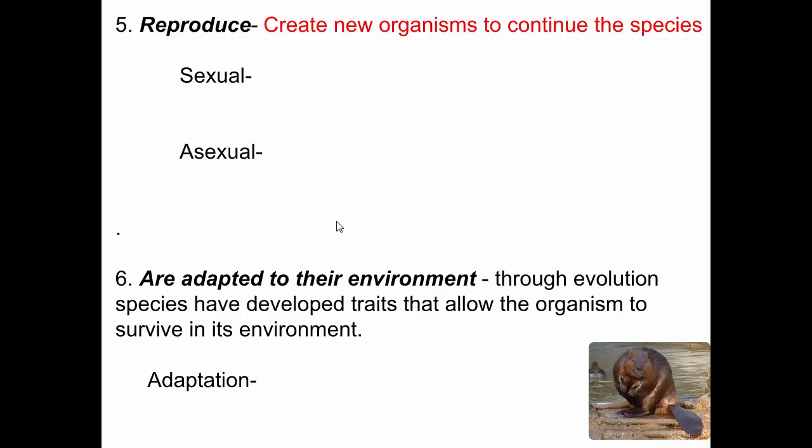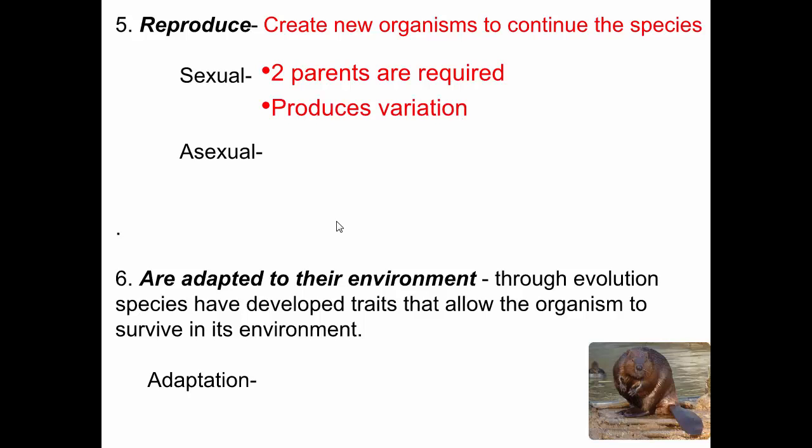So in sexual reproduction, we have two parent organisms which combine their genetic material in some way to produce the offspring. And that results in offspring that are not identical to either parent.